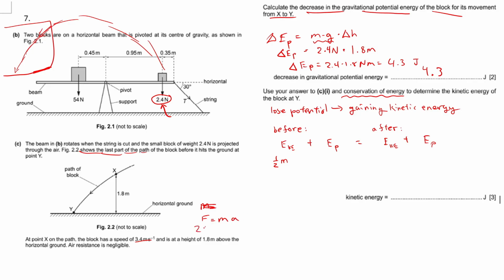Our force is 2.4 newtons, equal to mass in kg times acceleration, which is 9.81 meters per second squared. So then 2.4 newtons divided by 9.81 is equal to m kg. So then m is about 0.245 kg.